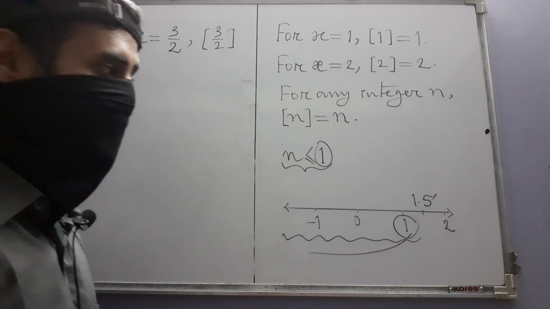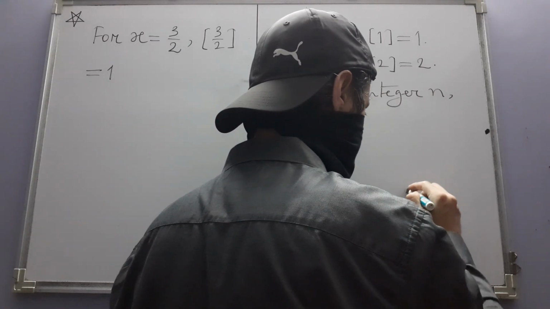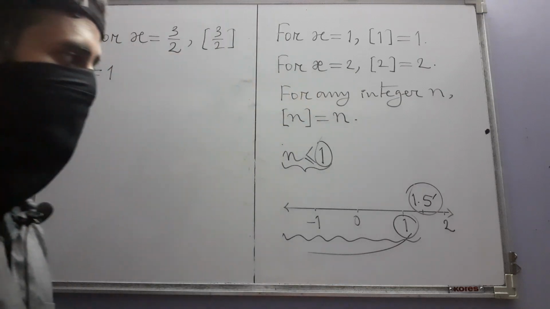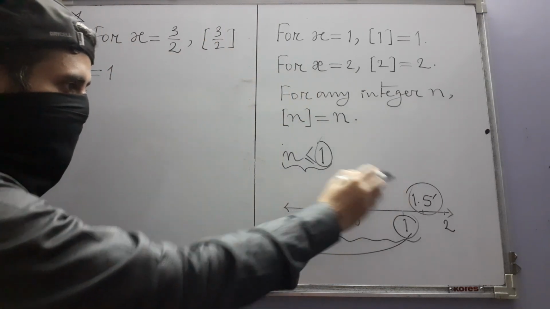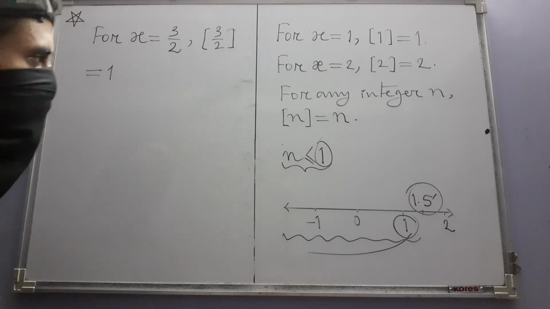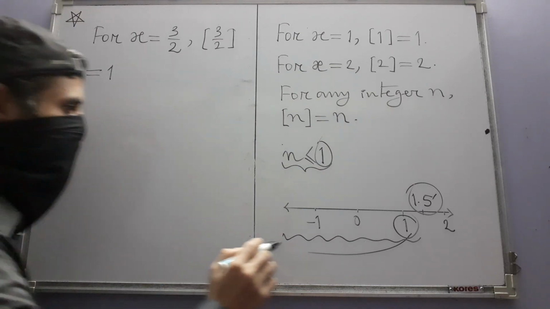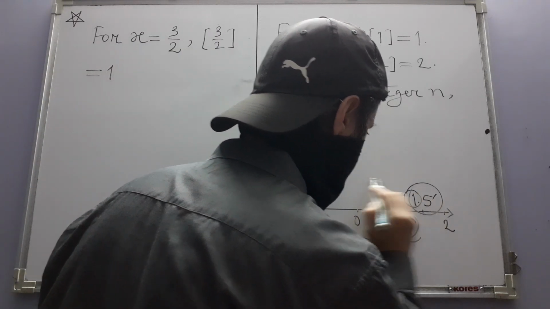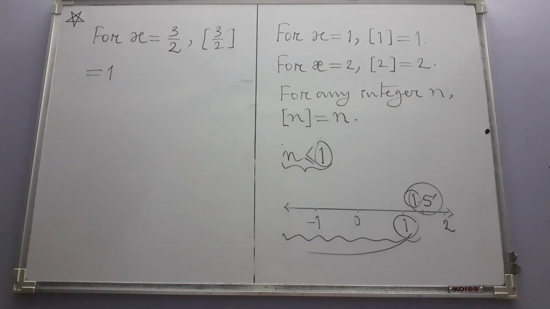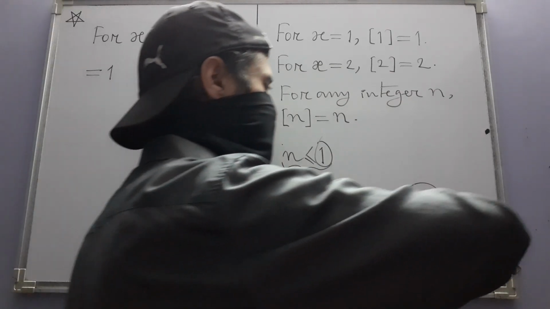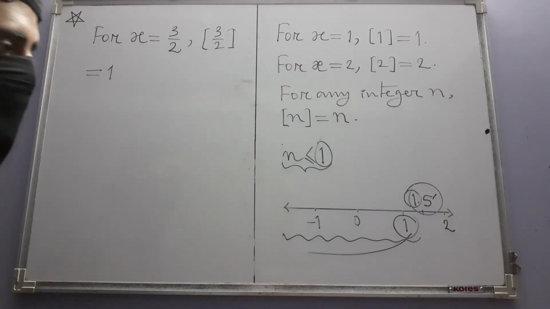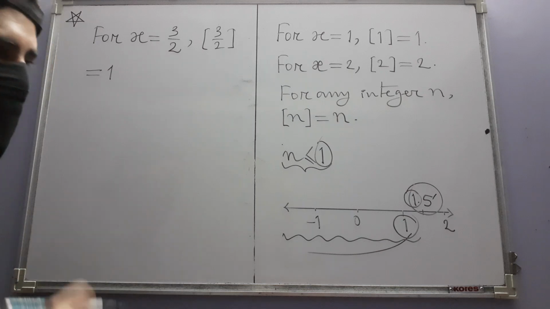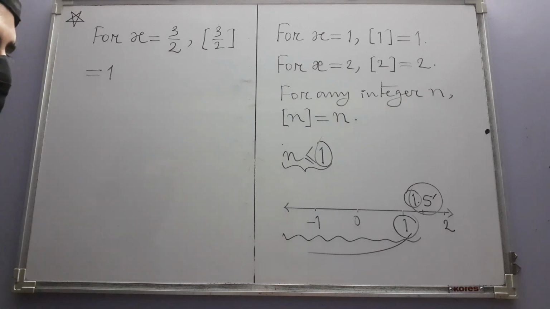Now if one starts to look at the decimal representation of a number, for example, instead of 3/2, we have written 1.5. One may think that this 1 is the greatest integer value, that you just remove the fractional part, you keep the integer part, and that is your greatest integer value.